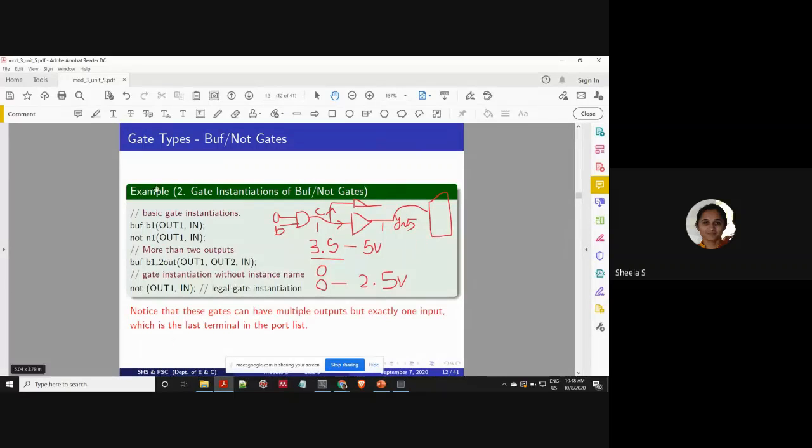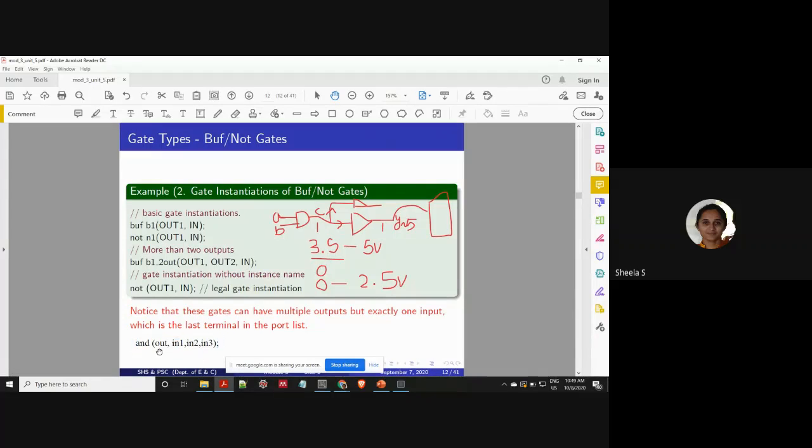Similarly, I'll show the difference with the AND and OR gates. If I consider an AND gate, I will have out, and then input 1, input 2, input 3. Here also we see the output port first and then the input ports.